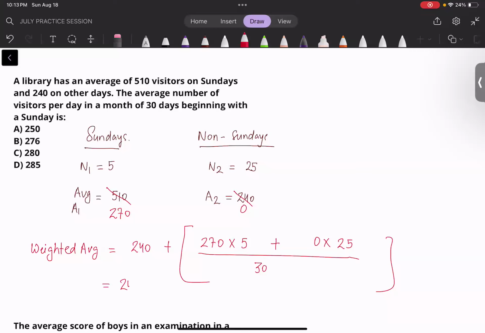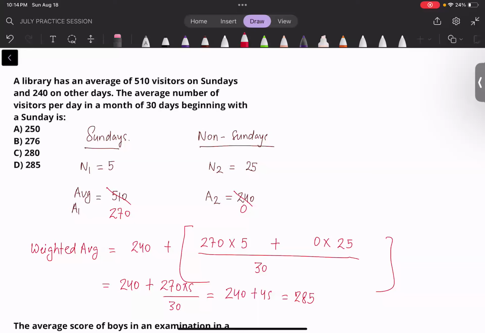So this comes out to be 240 plus 270 into 5 divided by 30. This comes out to be 5 into 6, 6 4s are 24, 45. So 240 plus 45, 285 it will come out.